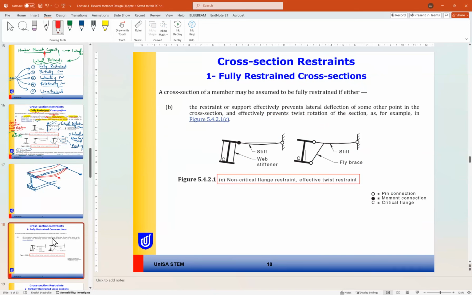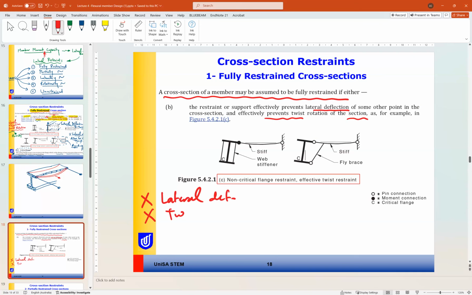Another case for the fully lateral restraint is here. The restraint or support effectively prevents lateral deformation and effectively prevents the twist of the section. Again, effectively prevent the lateral deformation and effectively prevent the twist.